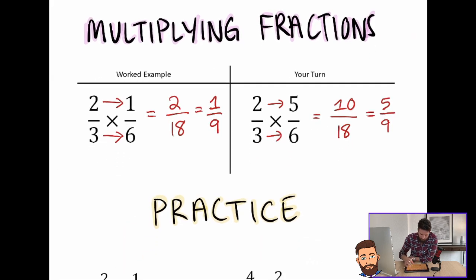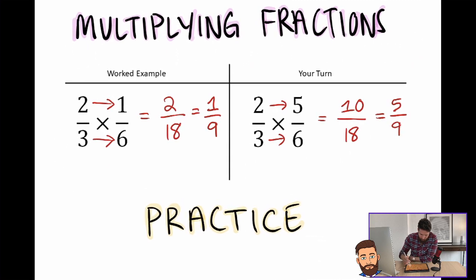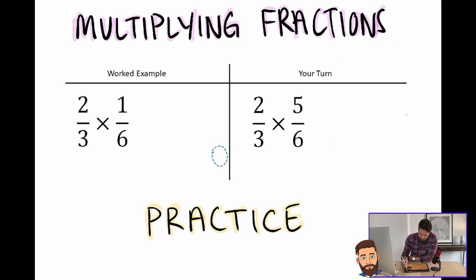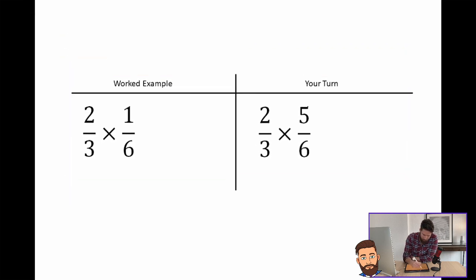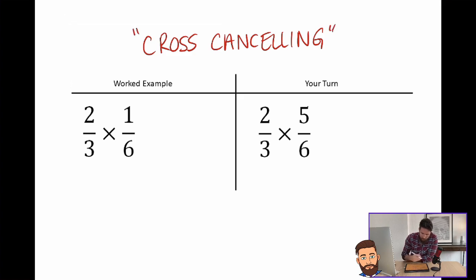Now, if you flip over your sheet of paper, we can look at something called cross-cancelling, which is a way where we can get the answer a lot quicker without having to simplify at the end.